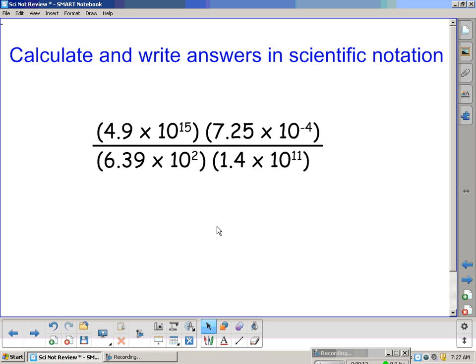Okay, last one. Now, this one may look a little bit bigger. It's kind of like an elephant. You eat an elephant one bite at a time, right? So we can do this in steps. And again, I'm sure you've seen this in algebra classes. So to simplify this, we can first do our multiplying. We can multiply this times this.